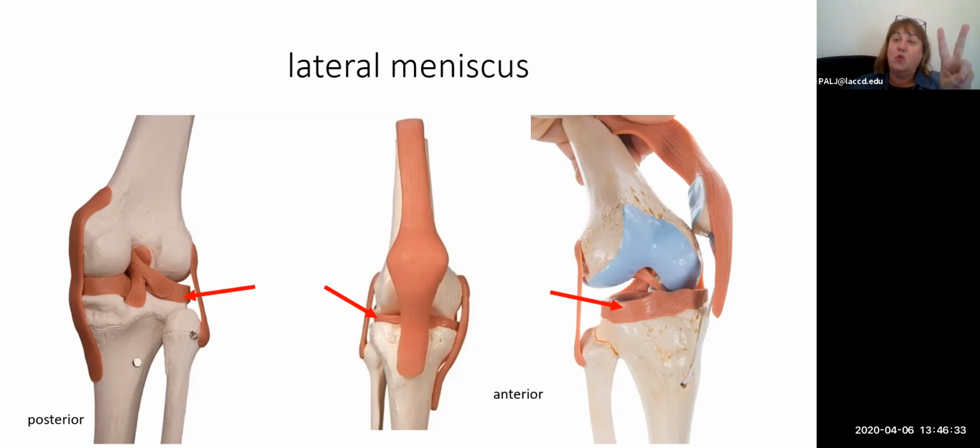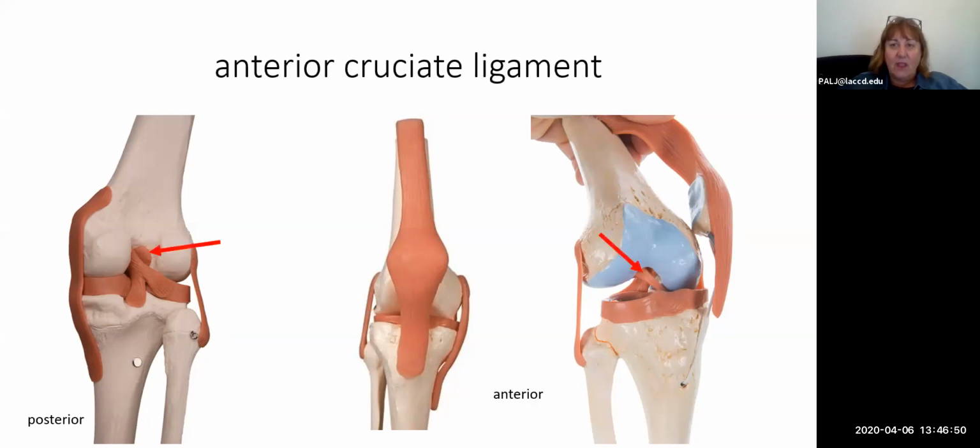Now we have two more structures, and those structures are tucked inside the actual knee joint, and they cross. And the Latin word for cross is cruciate. So those are going to be our two cruciate ligaments. Starting first with the anterior cruciate ligament. But first, let's go all the way to the left picture.